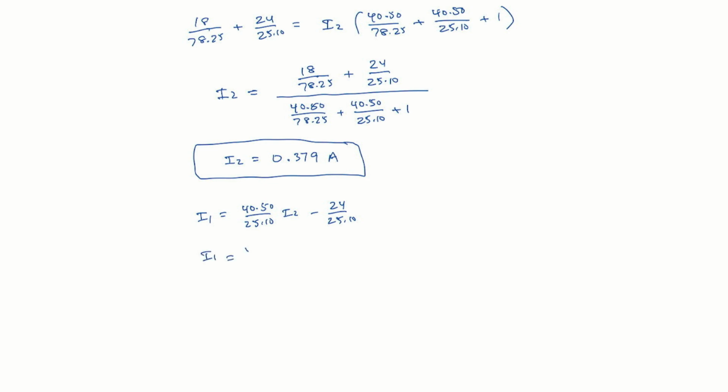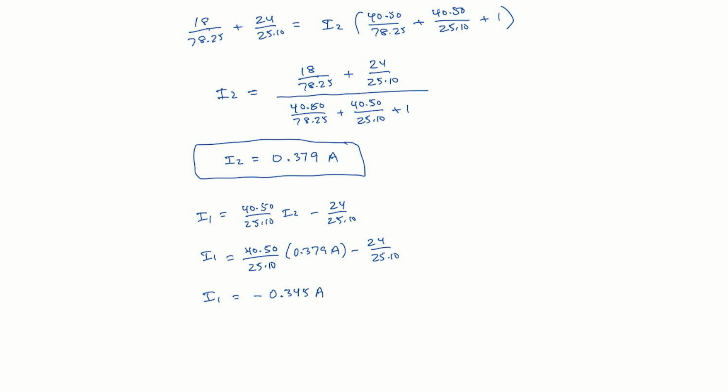So I1 is 40.50 over 25.10 times 0.379 amps minus the 24 over the 25.10. I1 ends up being minus 0.345 amps.